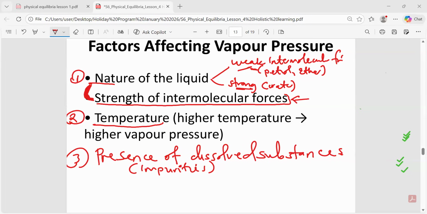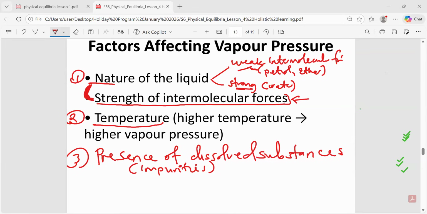Okay. I wanted to answer Wafula first, but let me first answer the person who asked for the explanation of the third point. They were asking for clarification on the presence of dissolved substances.